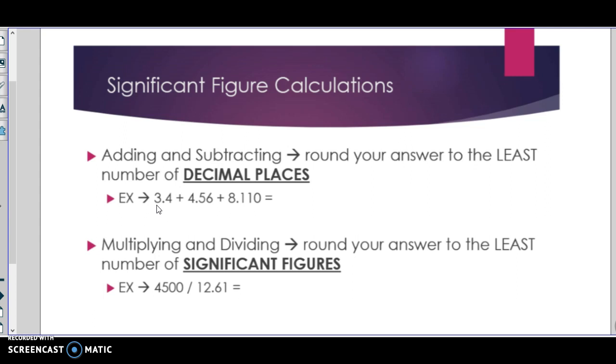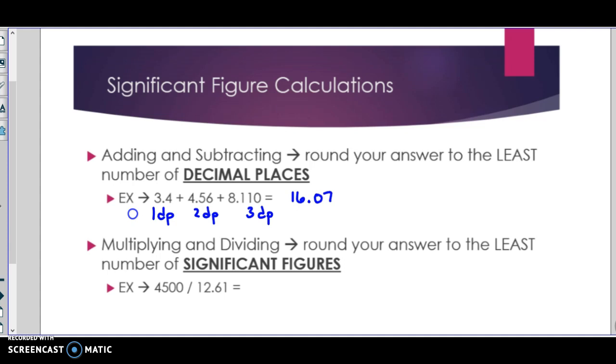Let's do this example. So this first number here has one number after the decimal, so I like to label that 1dp. The second number has 2 decimal places, and the third has 3. You go through and you would do the actual calculation using a calculator, and you get 16.07.